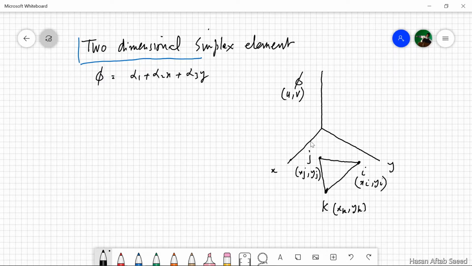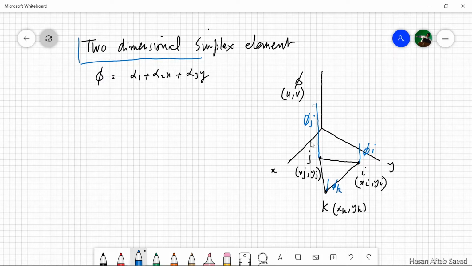And as far as the quantity of interest phi is concerned, the value at the i node is phi i, the value at the j node is phi j, and the value at the k node is phi k.